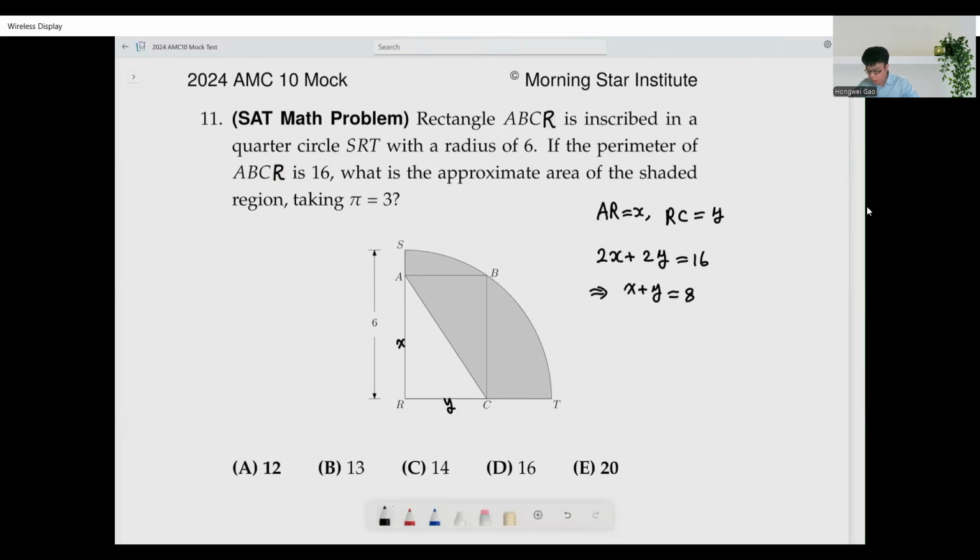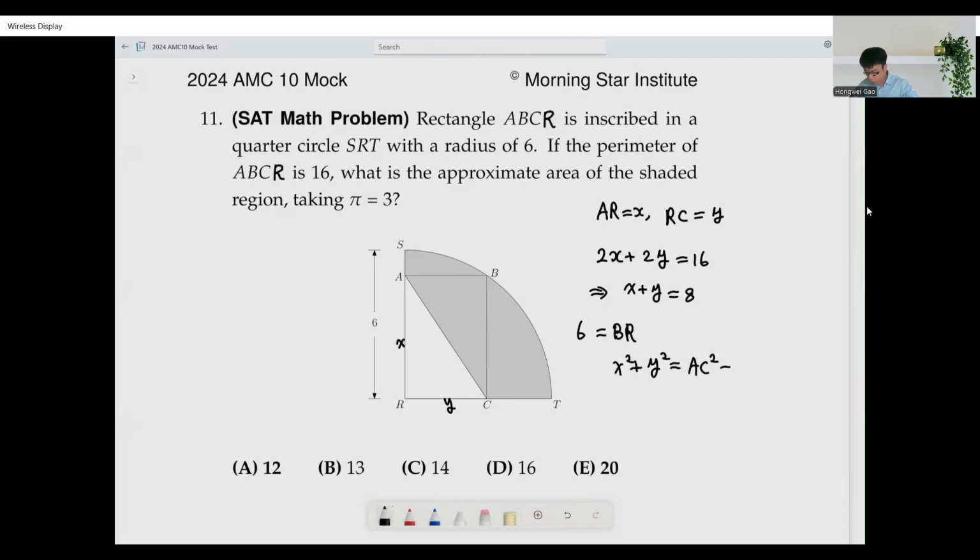Now, on the other hand, the diagonal of this rectangle is AC or BR. But we know BR is also the radius. So BR is equivalent to 6, the radius. And then we can use the Pythagorean theorem such that x squared plus y squared is equal to, on one hand, AC squared.